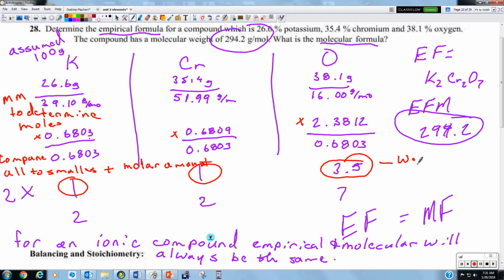Note here, we cannot have half of an element.